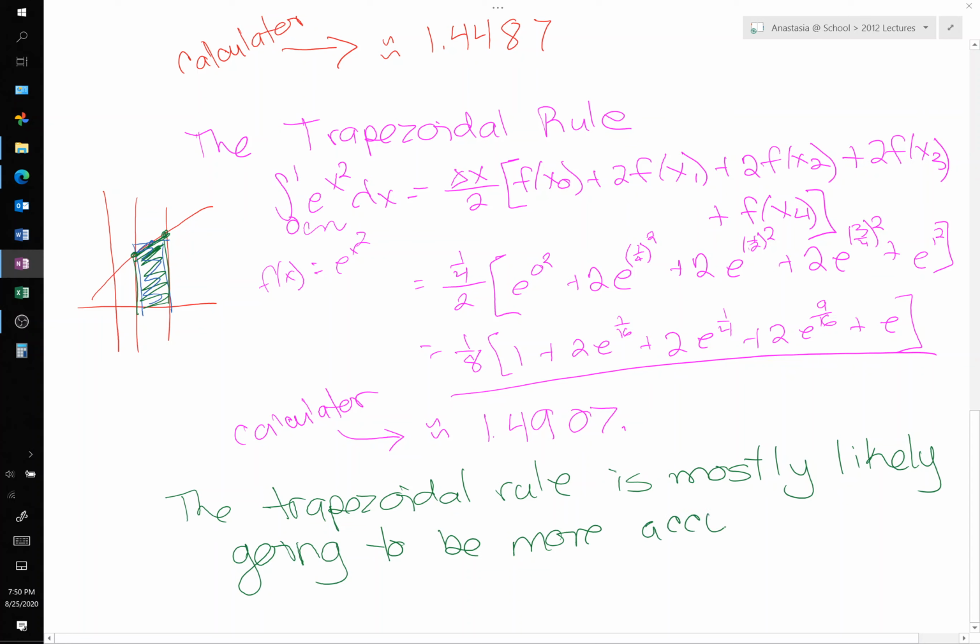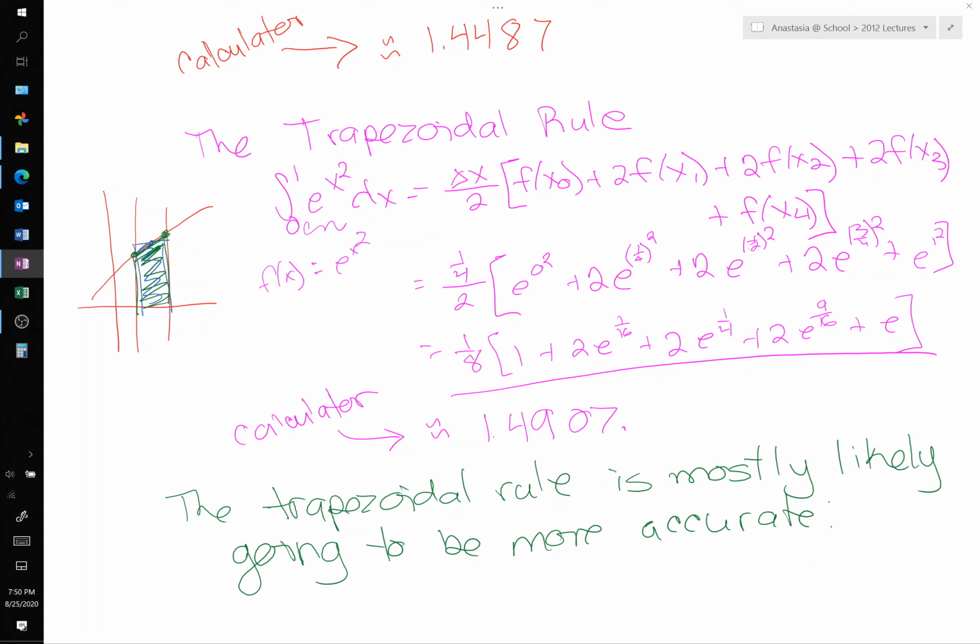That is true in general, that the trapezoidal rule is more often than not more accurate than the midpoint rule. It isn't always the case. There might be some exceptions out there, but generally speaking, the trapezoidal rule is more accurate than the midpoint rule. It's also more accurate than the left and right endpoint rules that just come from Riemann sums.